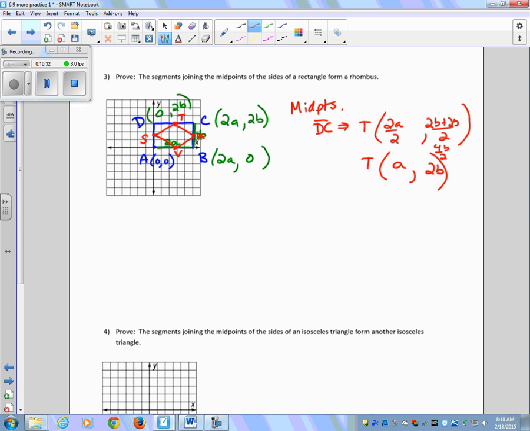Midpoint of CB is going to be point U, and we're going to add the x's and add the y's, 2b plus 0 over 2, and you're going to get 2a, comma b. Point U is 2a, comma b.